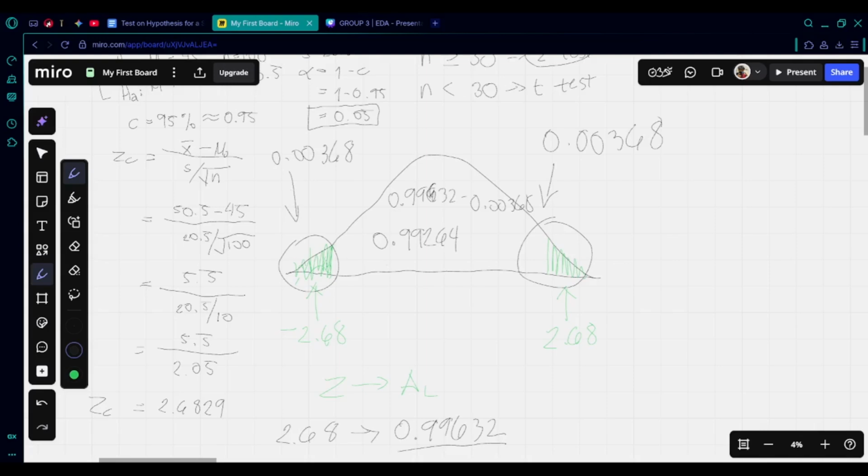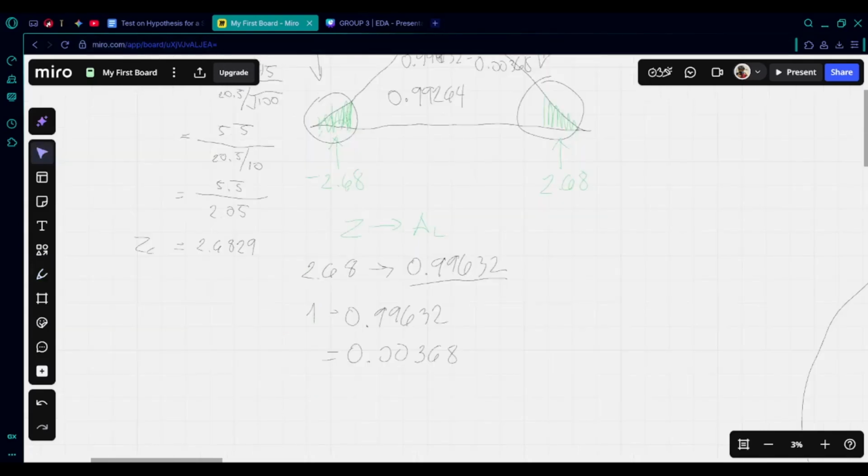While the value of the shaded region is 0.00368. Now that we have our value here, this is essential to get the p-value. So how do we get the p-value?